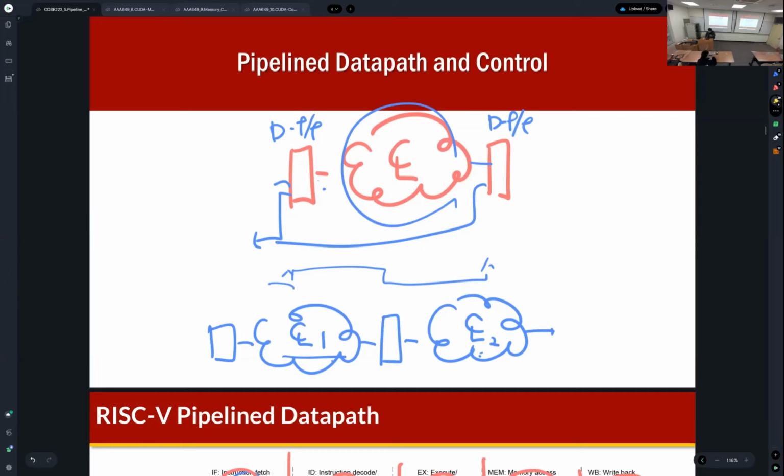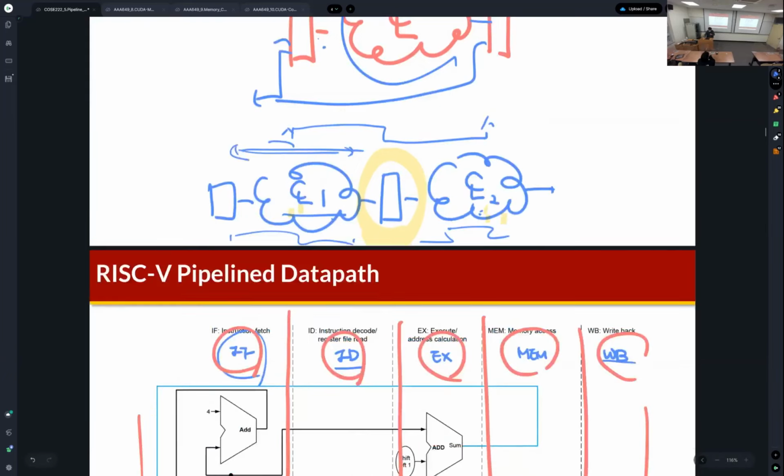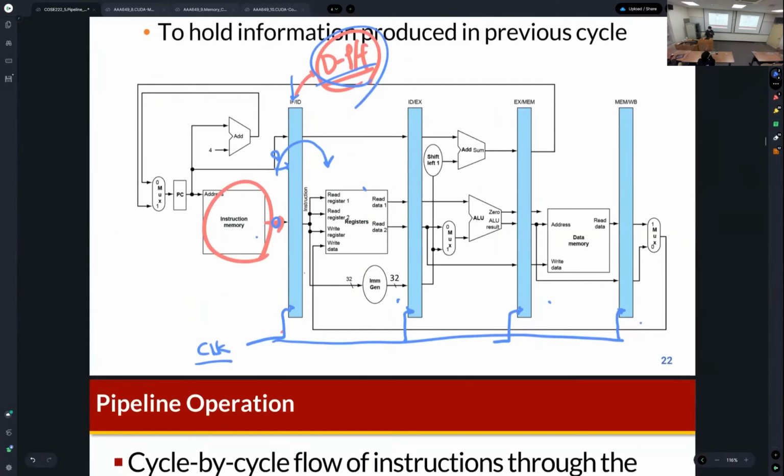But you can find that there is a flip-flop between combinational logic 1 and combinational logic 2. So we can reduce the clock period because the critical path is reduced. It's the same as the pipeline design.